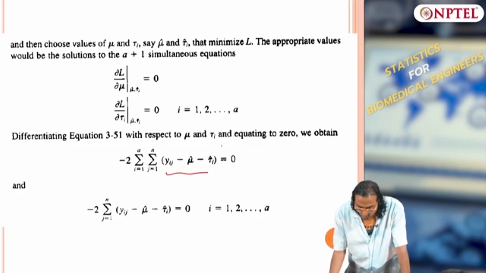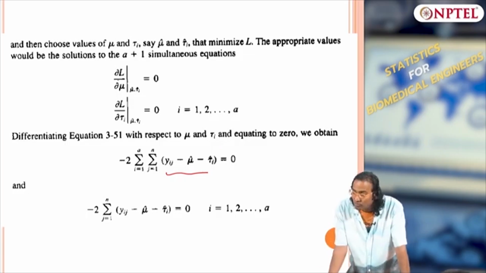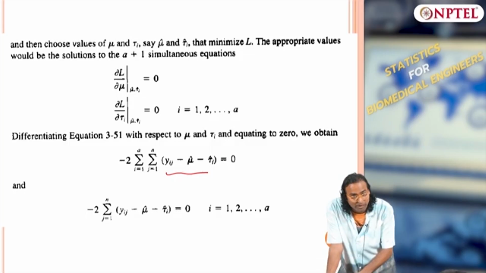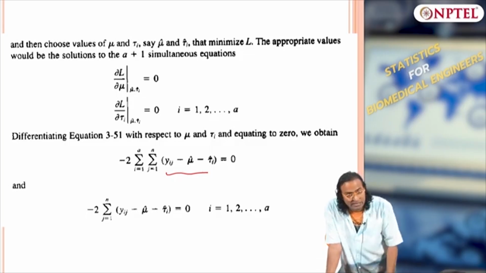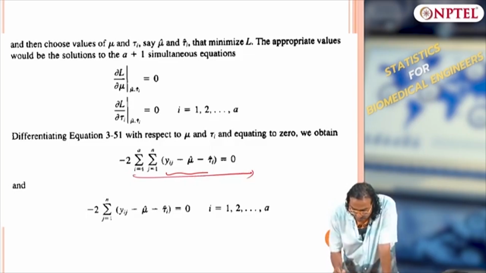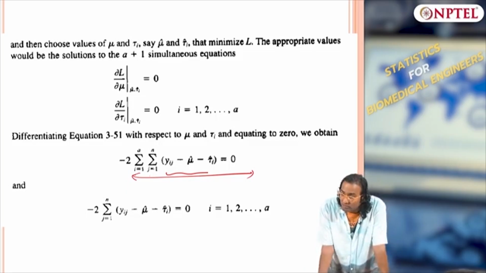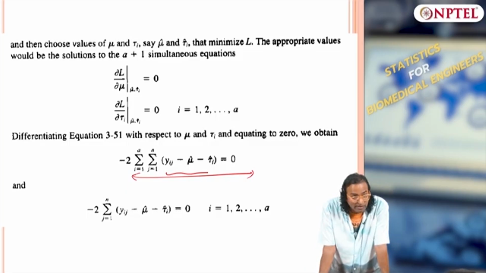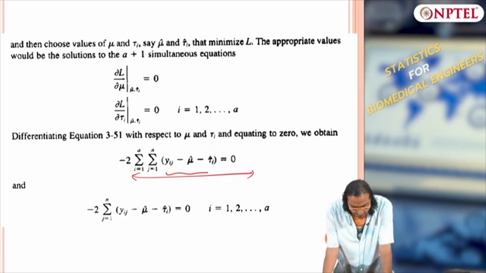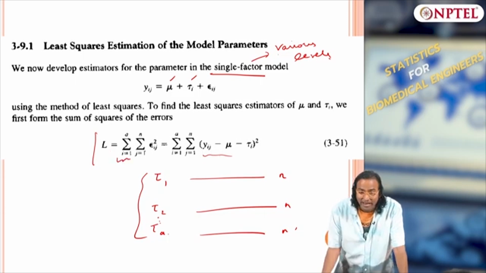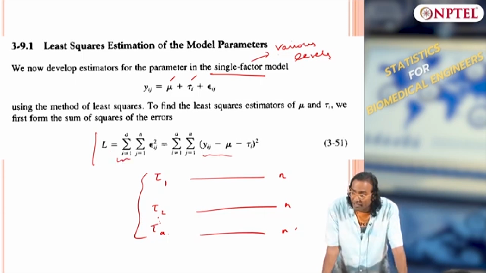Del mu hat by del mu hat equals minus 1, so I have minus 1 in front, double summation, and this is equal to 0. This is one equation. What about the other one? I differentiate with respect to tau i, okay. So then what do I have? I have to expand for every i. So how many equations will I have?